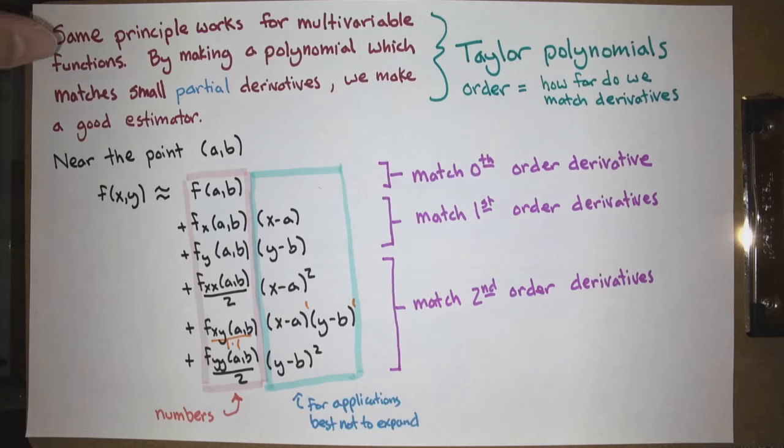Any questions? Yes? So I thought there was an f subscript yx as well. Why isn't that accounted for? Well, that's because f sub xy is the same as f sub yx for nice functions. And we're going to assume that we work with nice functions. So essentially, we're taking advantage of that.